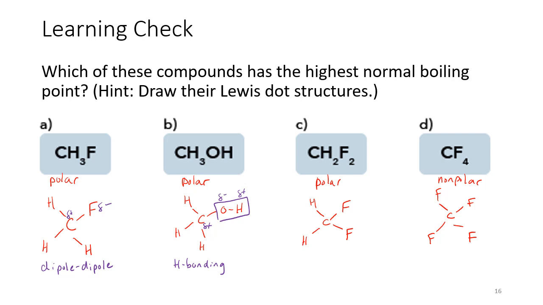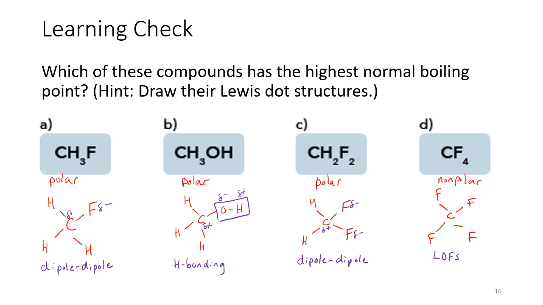In C, CH2F2, we have 2 polar CF bonds. Carbon will be partially positive, and each fluorine will be partially negative. No hydrogen bonding, but since it's polar, there'll be dipole-dipole interactions. And in CF4, since the overall molecule is nonpolar, the strongest IMFs present will be London dispersion forces.